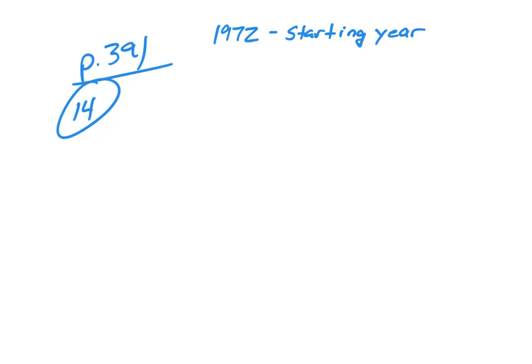When I do my formula here, P sub 0 is going to be the amount that we start with. And they use V sub 0, so it really doesn't matter. V is just for value of the car. P sub 0, V sub 0 all means the same thing. So they tell me right there in part A, that's my starting amount.